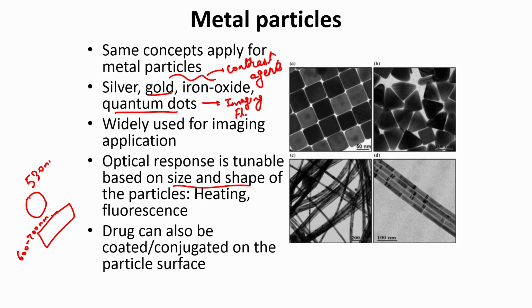You can essentially tune that, and depending on the length of the rod, you can tune it further. Since the surface area is quite large compared to the volume, when you get to nano regimes, you can still load enough drug for drug delivery as well. Those are some of the advantages with metal particles. One of the disadvantages, of course, is that they are non-degradable. This is a disadvantage in most cases.